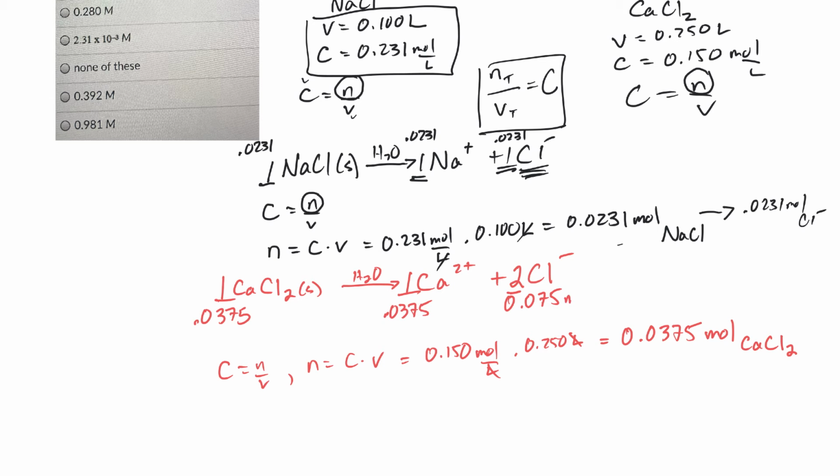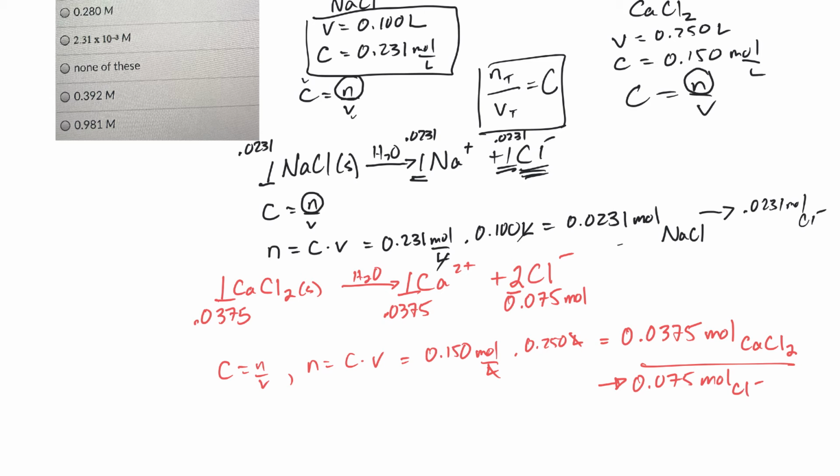So I have 0.075 moles of just the chloride ions, from my dissociation equation.